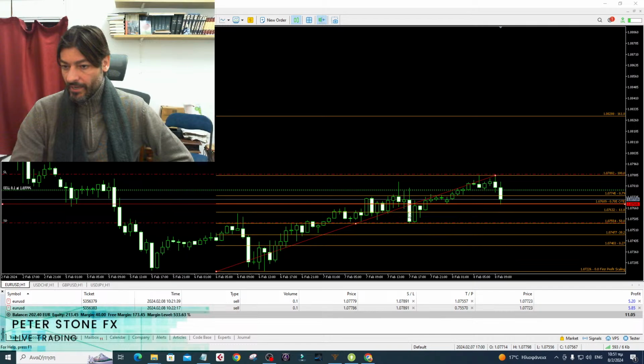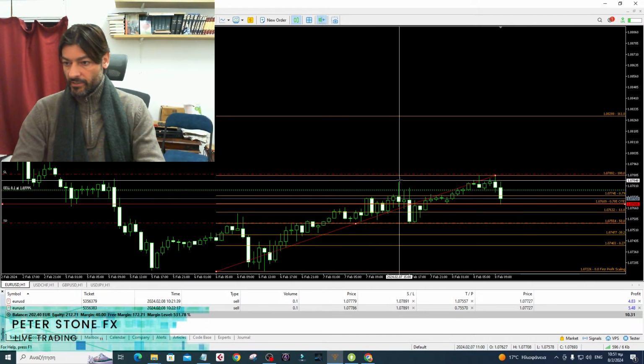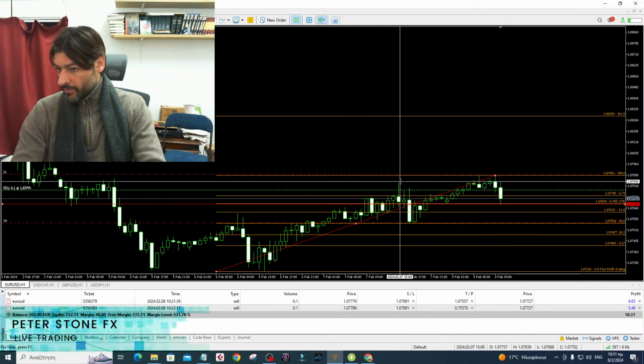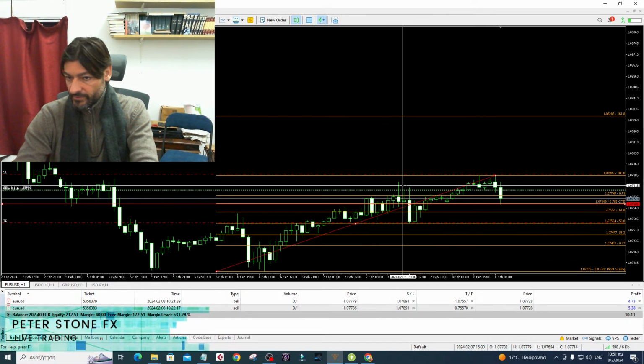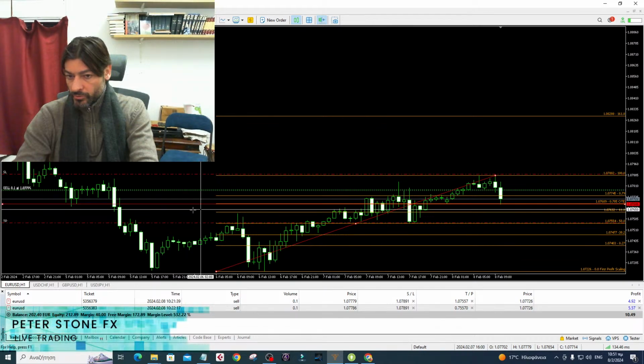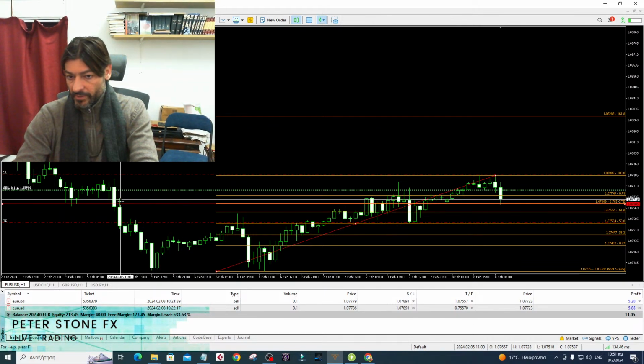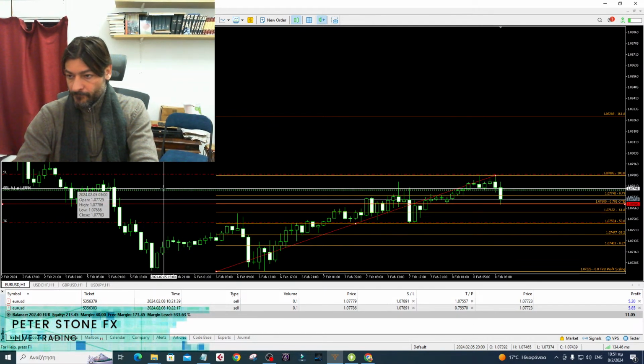So this candle tells me that we are not going to get higher. But this break of market structure here, this surpassing of this high is significant, because we also surpassed this fair value gap here and this imbalance in price.